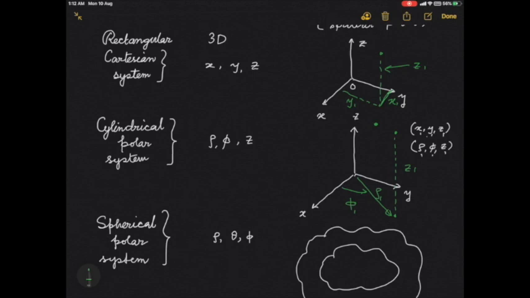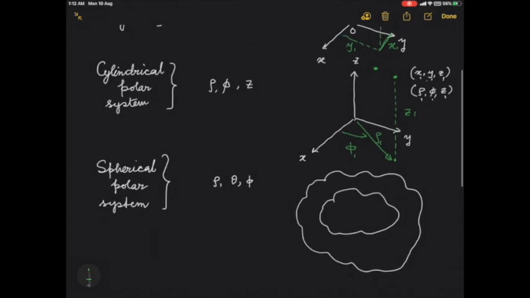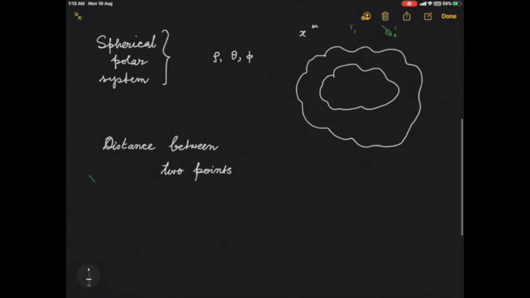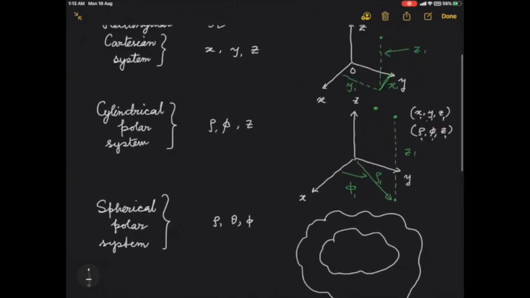And between these 2 points, I ask the question, what is the distance between these 2 points? I want to know the distance between any 2 points, but it is better to first write down the distance between 2 points which are very nearby.